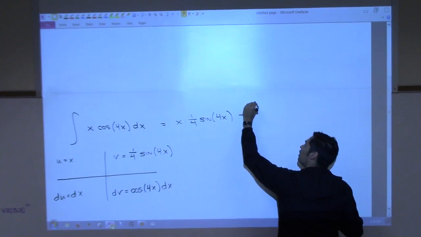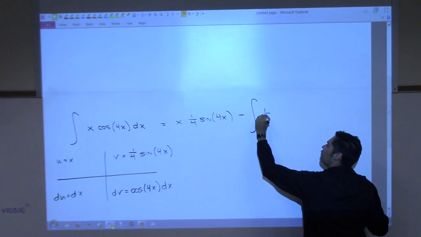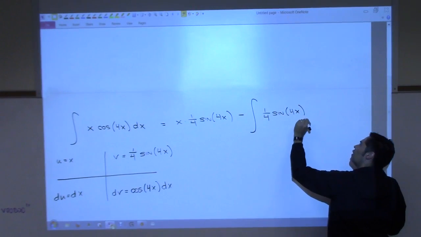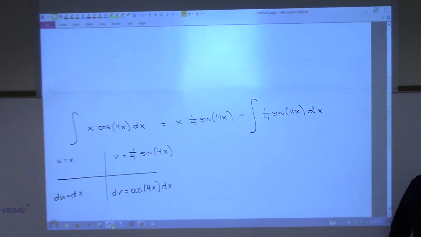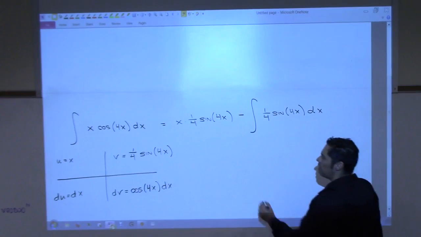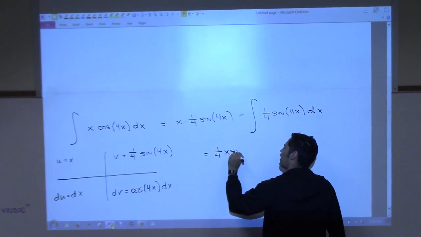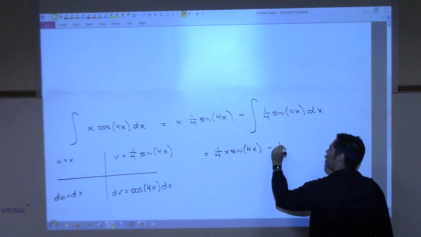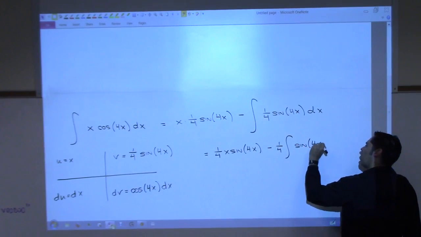Go ahead. Minus. Okay. So 1/4 sine 4x. And then dx, right? And we'll pull the 1/4 on the next step. And I think I'll rearrange that thing up here also. 1/4 x sine 4x, and then minus, the 1/4 pops out, 1/4 integral of sine 4x.